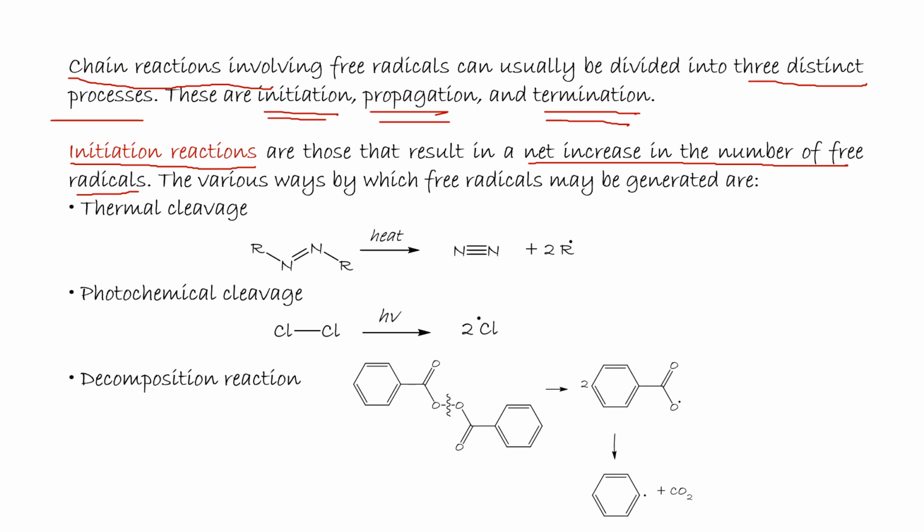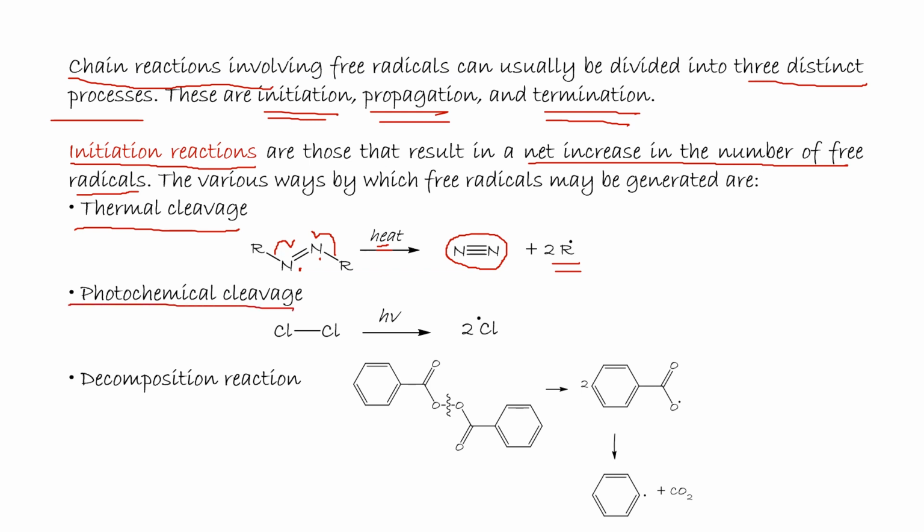The various ways by which free radical may be generated are thermal cleavage, like the one of the azo compound upon heat, homolytic cleavage to form nitrogen gas and create R radical.